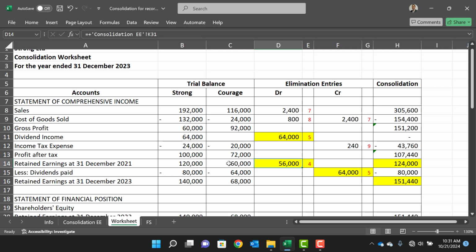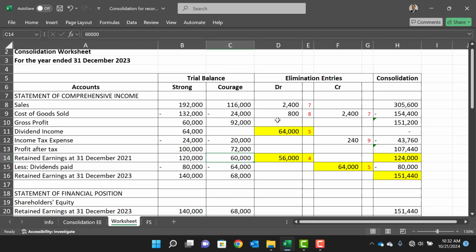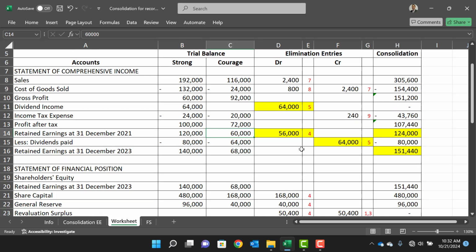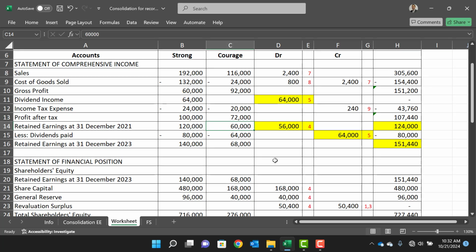As you notice, in the trial balance the retained earnings is 60,000 kina. Normally, what we are doing is eliminating amounts. For example, in share capital, if we want to eliminate it, that's given.